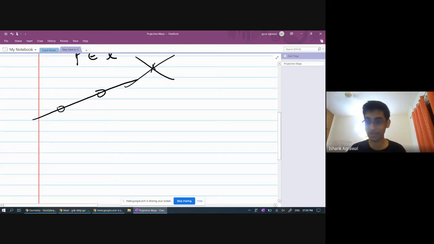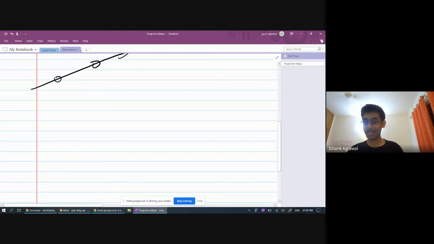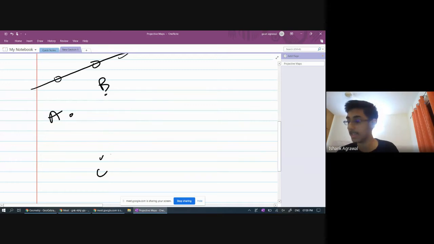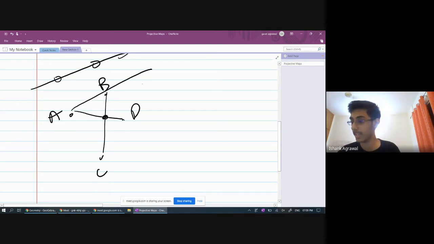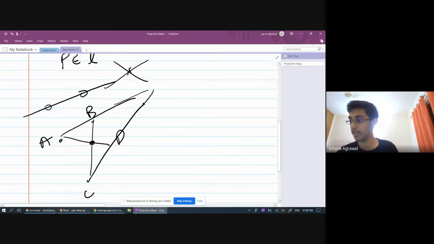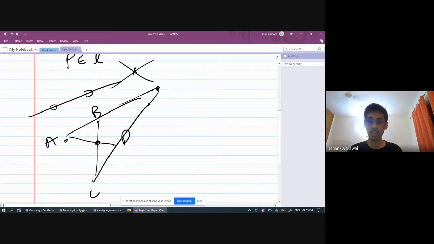Okay, good. So the third axiom states that whenever we have 4 points, A, B, C, and D, whenever AB and CD intersect, then whenever AD and BC intersect, then AB and CD will also intersect. This is the third axiom.